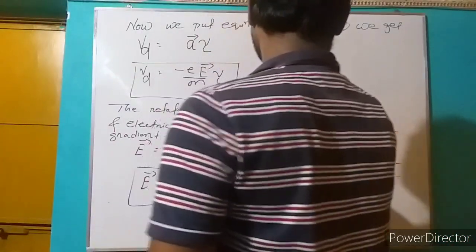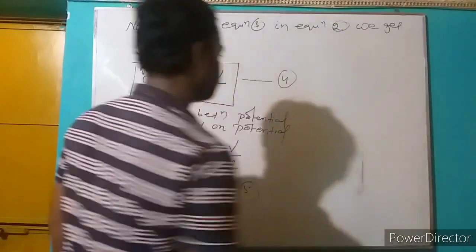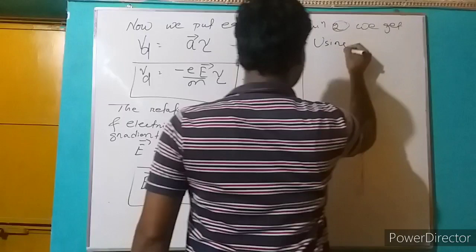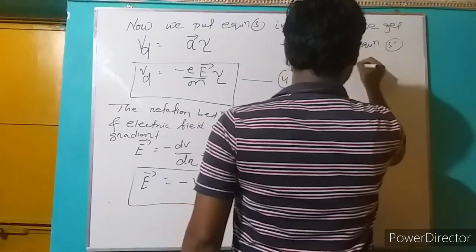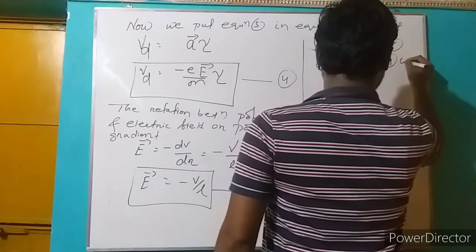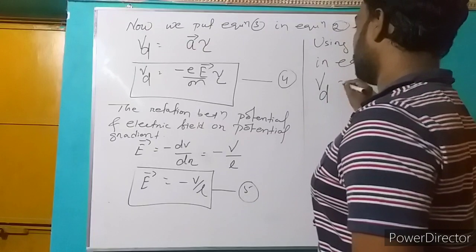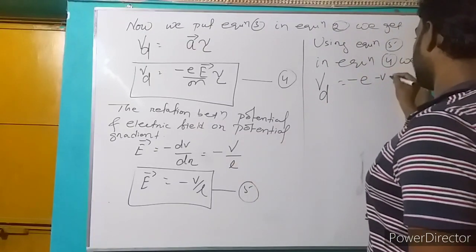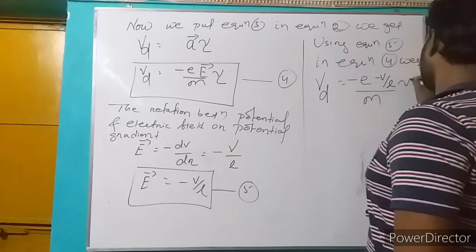Using equation 5 in equation 4 we get: drift velocity Vd equal to minus E, where E means minus V by L, divided by m into tau.